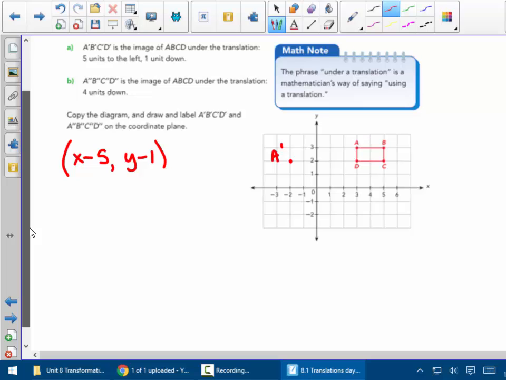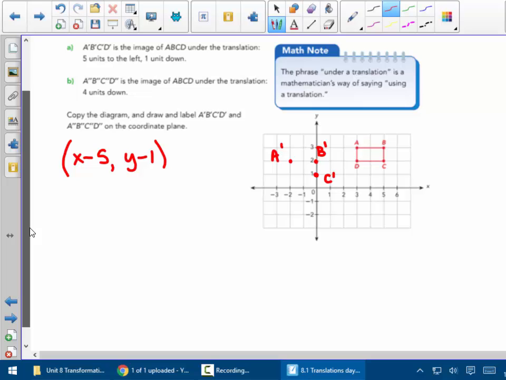B, 5 units left and 1 down, takes it to 0, 2. You can count the graph paper as well if you want to do it by counting. C's image will go 5 left, so 5 minus 5 puts me at 0, and 1 unit down puts me at 0, 1.